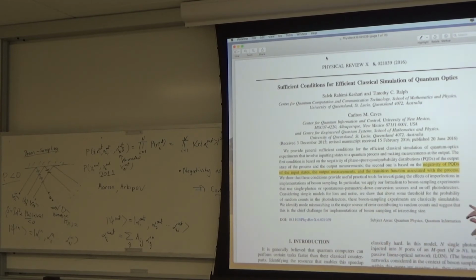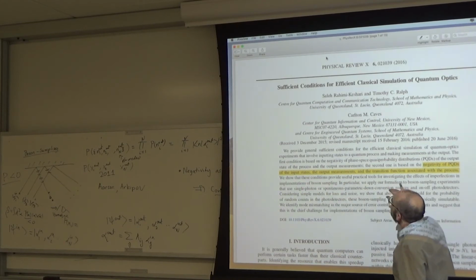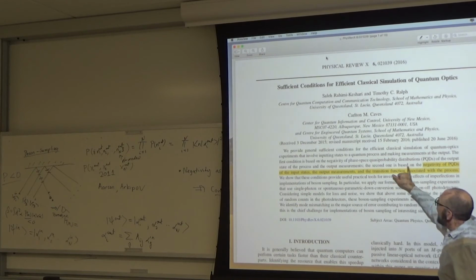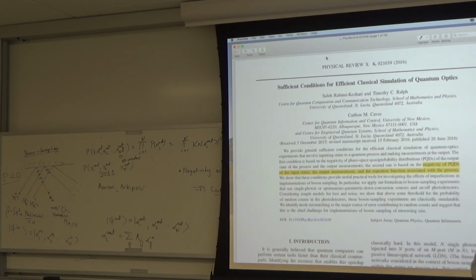They asked if for some ordering, the input state, the measurements, and the transition function, because all of those things are operators, and you can write down a quasi-probability distribution for any of them.